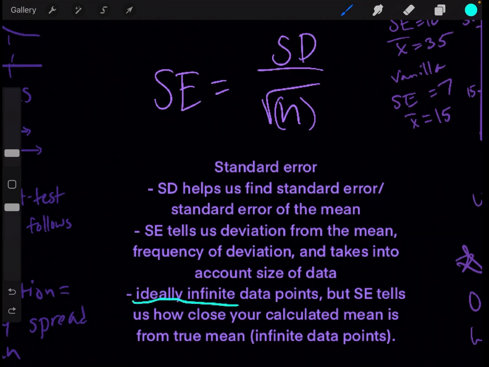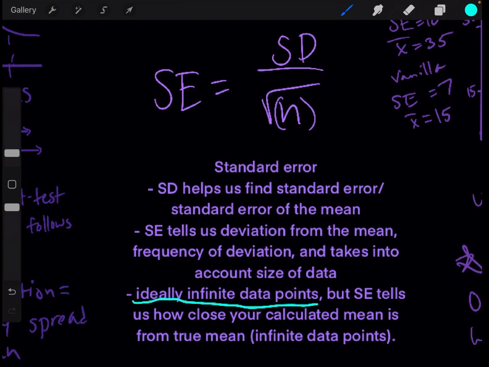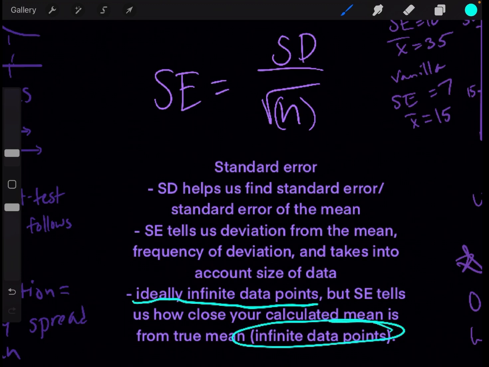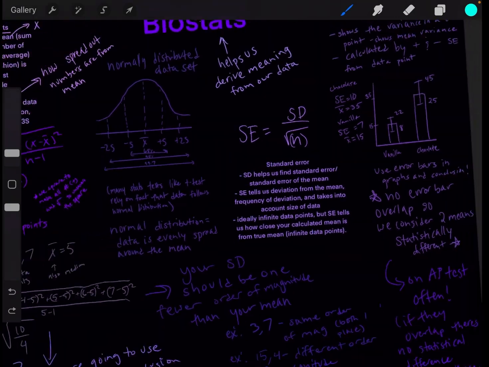The standard error tells us how close your calculated mean is to the true mean. The true mean is the mean calculated if you had an infinite amount of data points. So it tells you how far your actual mean is from the true mean.